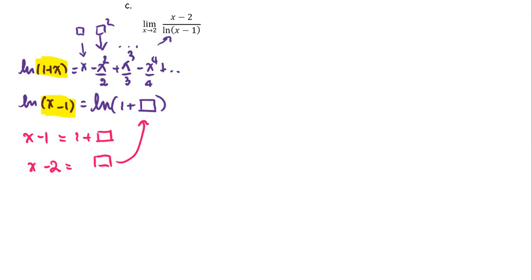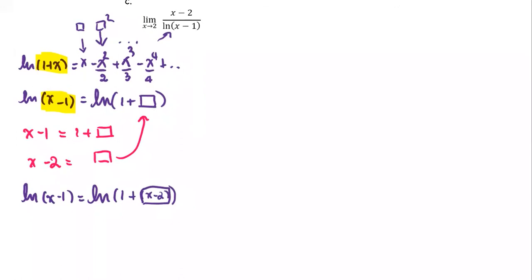So we can rewrite it: the natural log of x minus 1 is the same as natural log of 1 plus the quantity x minus 2. And with the quantity x minus 2, we can use the pattern of the natural log of 1 plus x, as the quantity x now is going to be the quantity x minus 2.